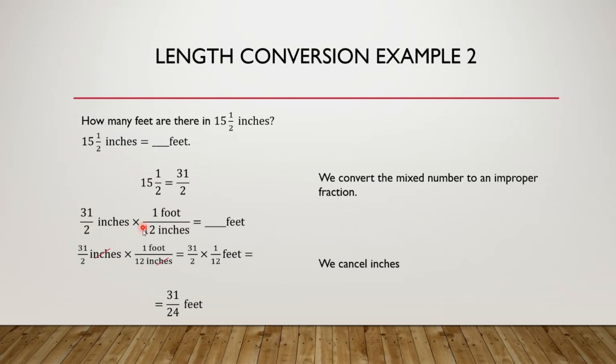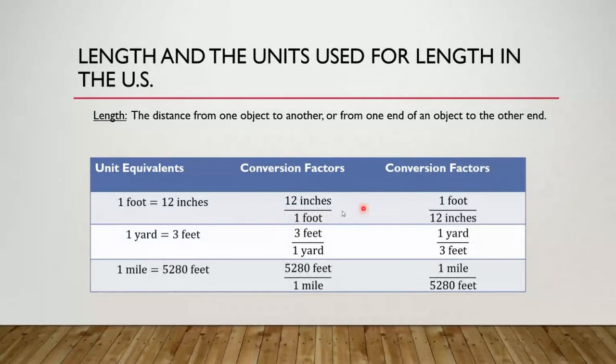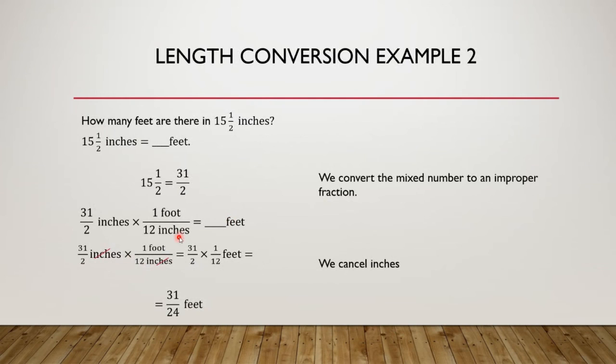So again, we're going to use this conversion factor, right? We know it's inches and feet, so we have to use something in the first row here. But since we want our answer to be in feet, that's why we're using this one. The unit you want your answer to be in, that's the numerator. We're going to multiply by this. And you can see that we don't want inches, right? That's going to cancel.